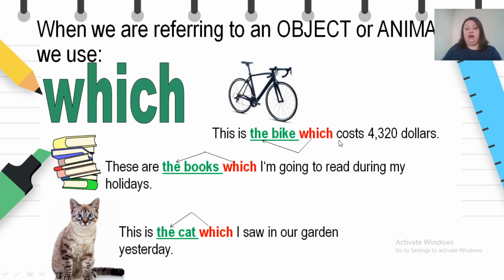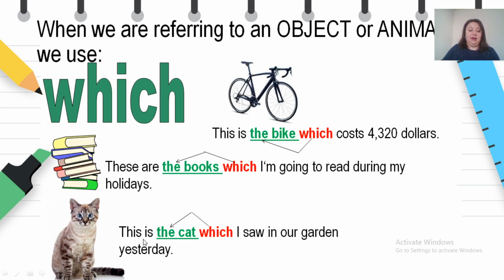This is the bike which costs $4,320. The relative pronoun which refers back to the noun the bike. These are the books which I'm going to read during my holidays. The relative pronoun which refers back to the noun the books.